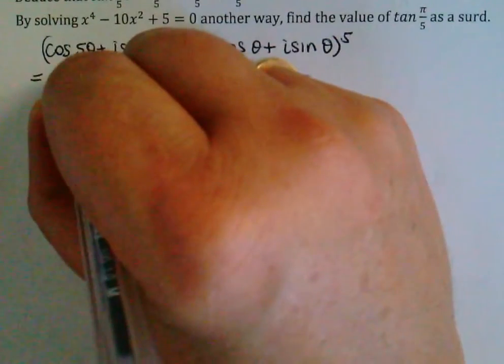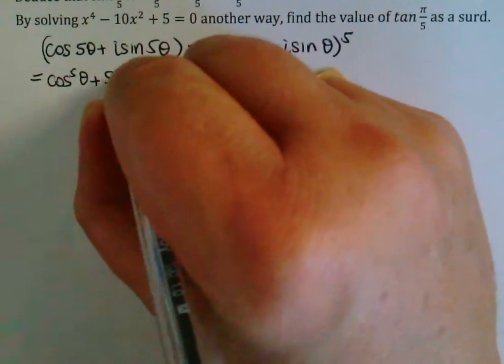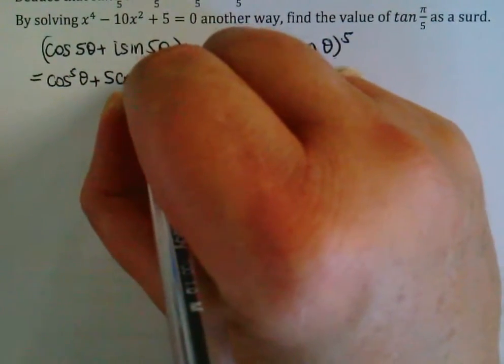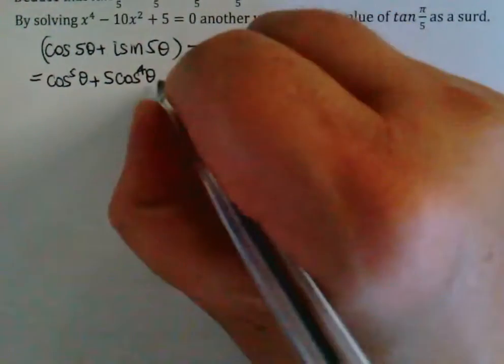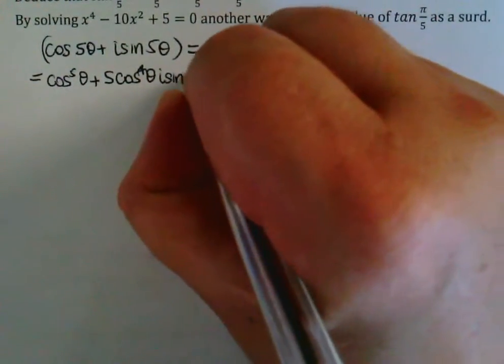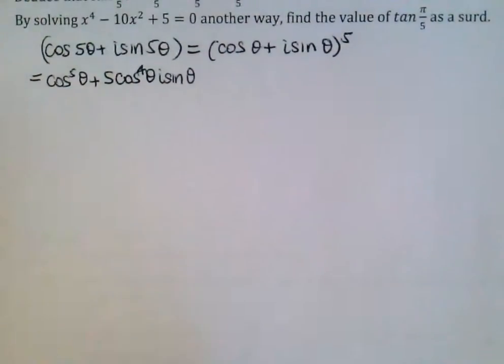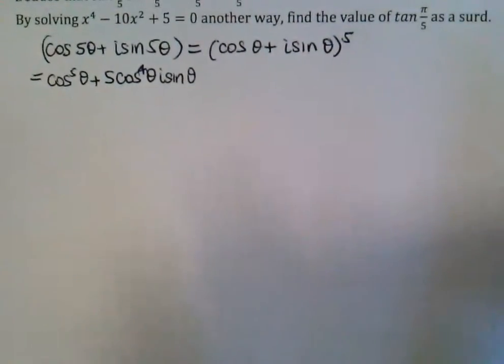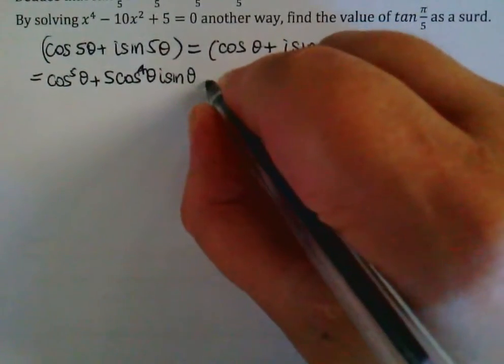So therefore we've got cos to the power of 5 theta plus 5 cos to the power of 4 theta i sine theta. Now, we can put the i squared, or you just want to put the minus in straight away.